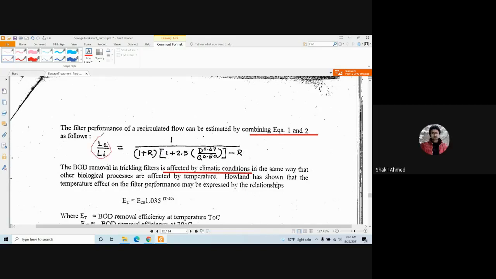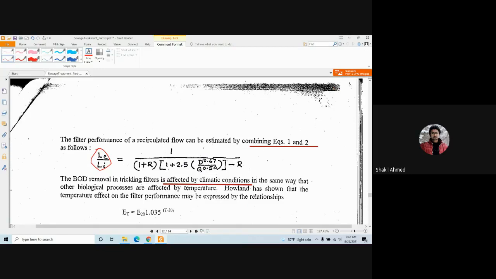So LE by Li will be 1 divided by 1 plus 2.5 with D, the depth of the trickling filter, and Q, the flow.